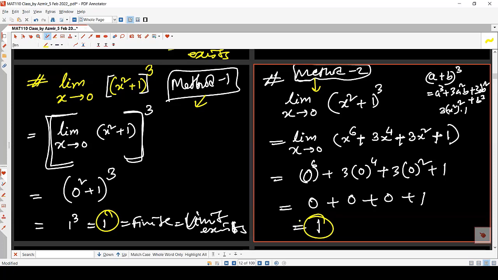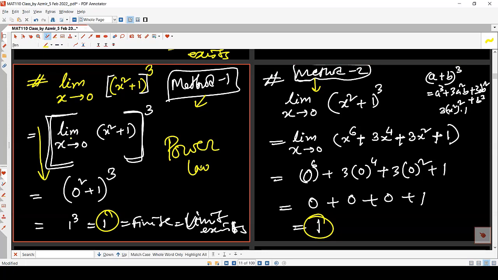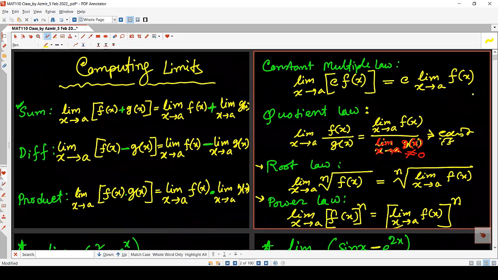But we can understand that by using the power law, we can solve the problem quickly. That is the advantage of using the power law. The properties or laws that I have written here are very important while computing limits.